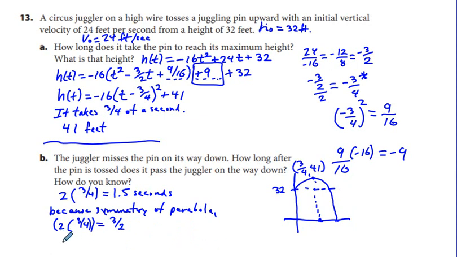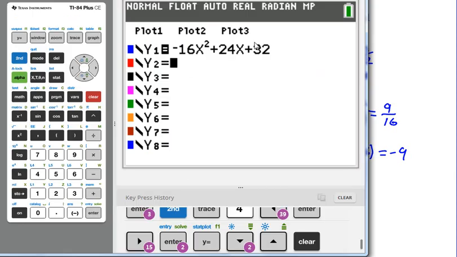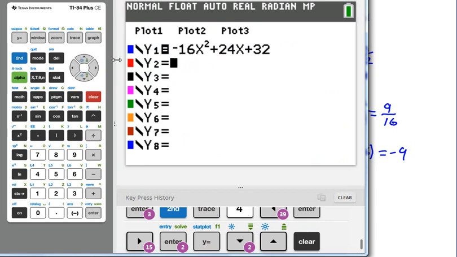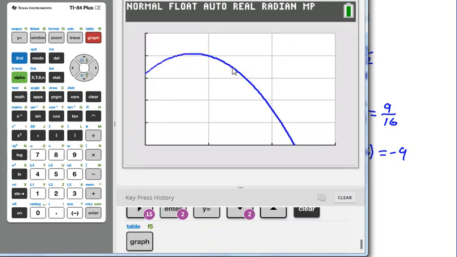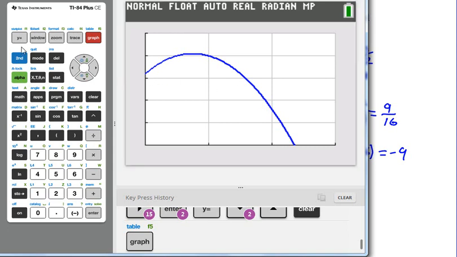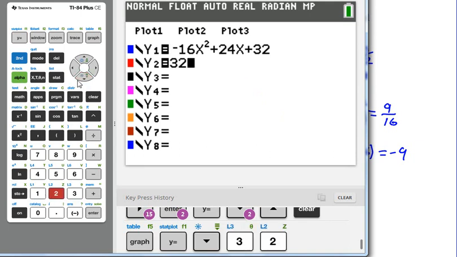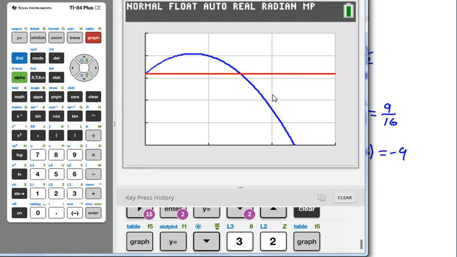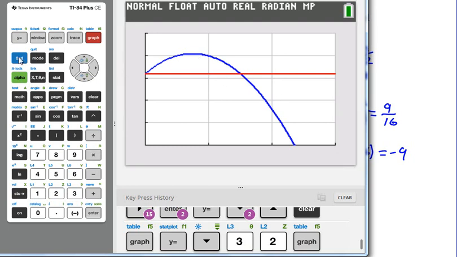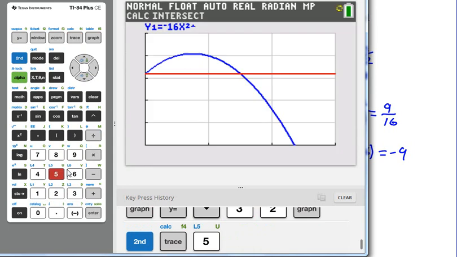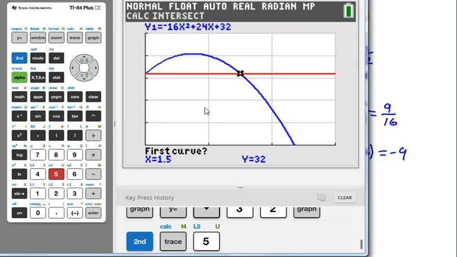And what I did for this one is, prior to recording the video lesson, I entered this standard form equation in the TI 84C calculator, and if we graph that function, I'm going to enter y2 equals 32 feet, and so we can answer part B. We push second, trace, 5 for intersection, and we're right close to the intersection.